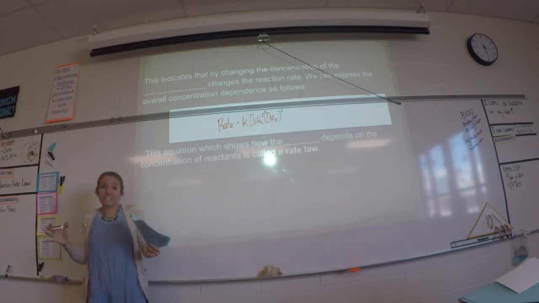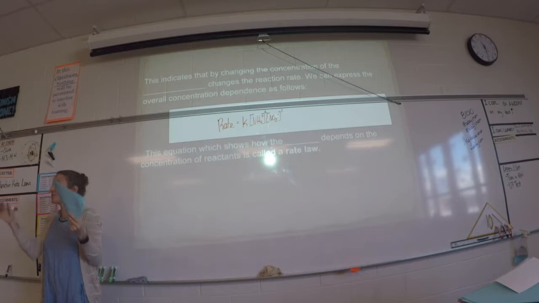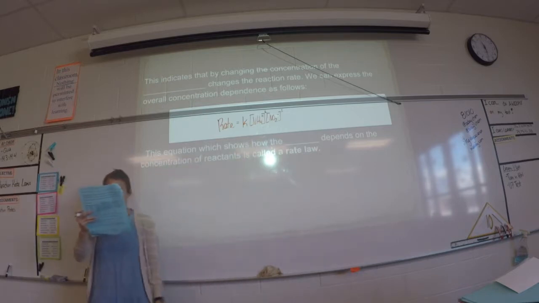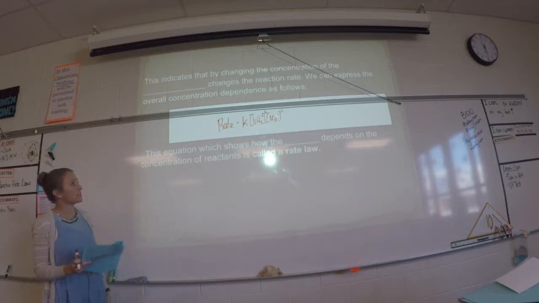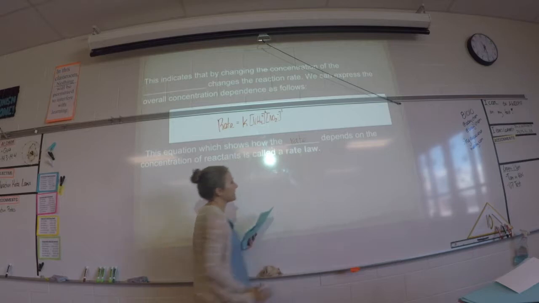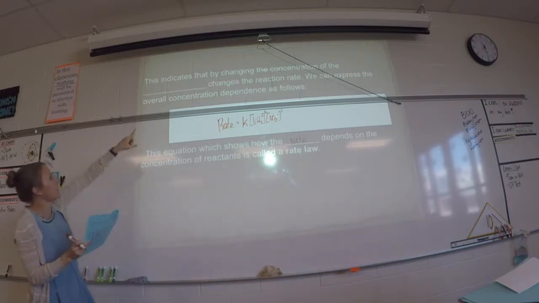If it tripled, the rate also tripled. So when the relationship is exactly the same change, it's always to the power of 1. This equation shows how the rate depends on the concentration of the reactants. It's called our rate law.